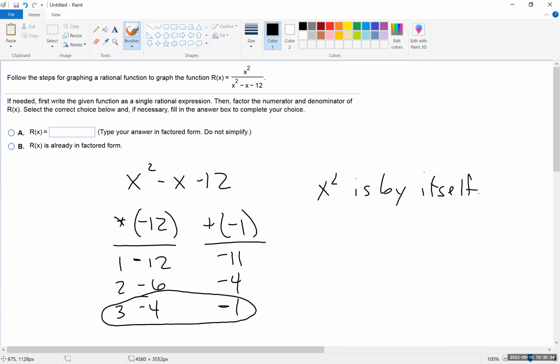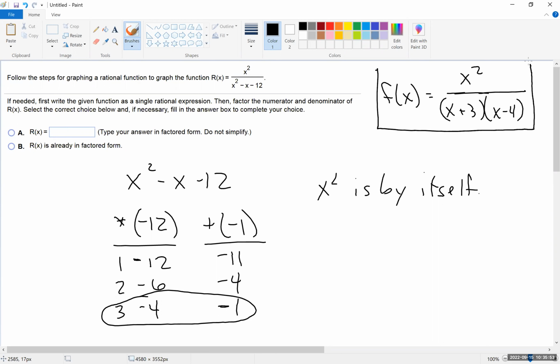So when we factor this, the factored form is going to be f of x equals x squared divided by x plus 3, x minus 4. Okay. I know you don't have to show all that work, or don't think you have to write all that out, right? But you can. So we would say this one is not in factored form, and this is the factored form right here.